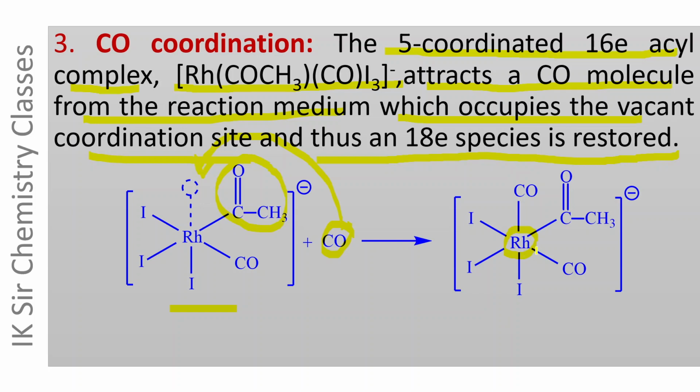Let us see its electron count. 9 electrons present in the valence shell of rhodium atom, -3 for +3 oxidation state, and each of the 6 ligands contributes 2 electrons to the electron count, and there is total 18 electrons in the valence shell of rhodium atom.